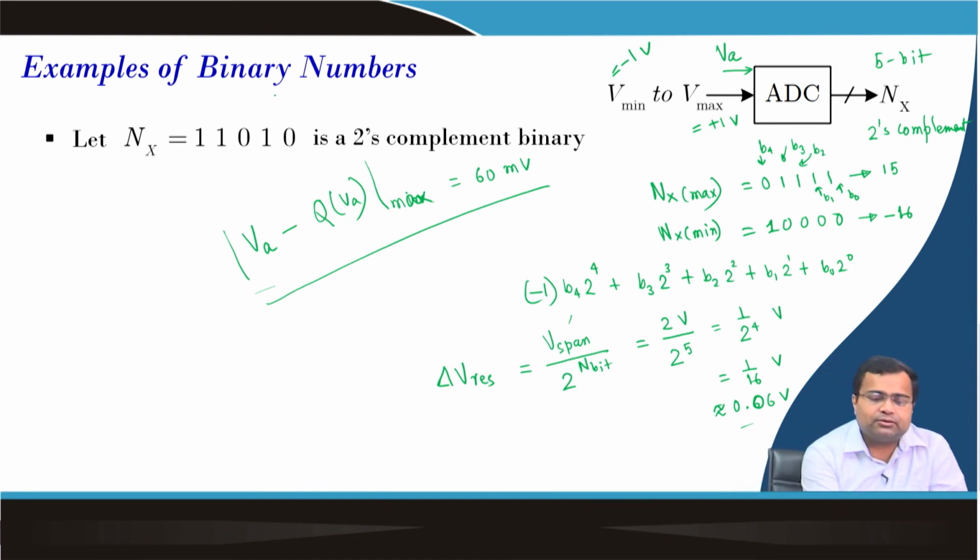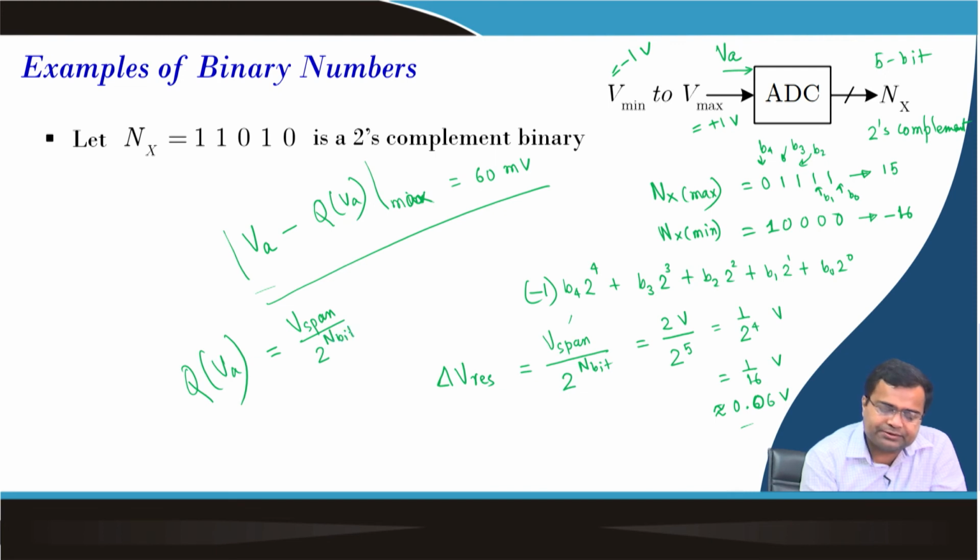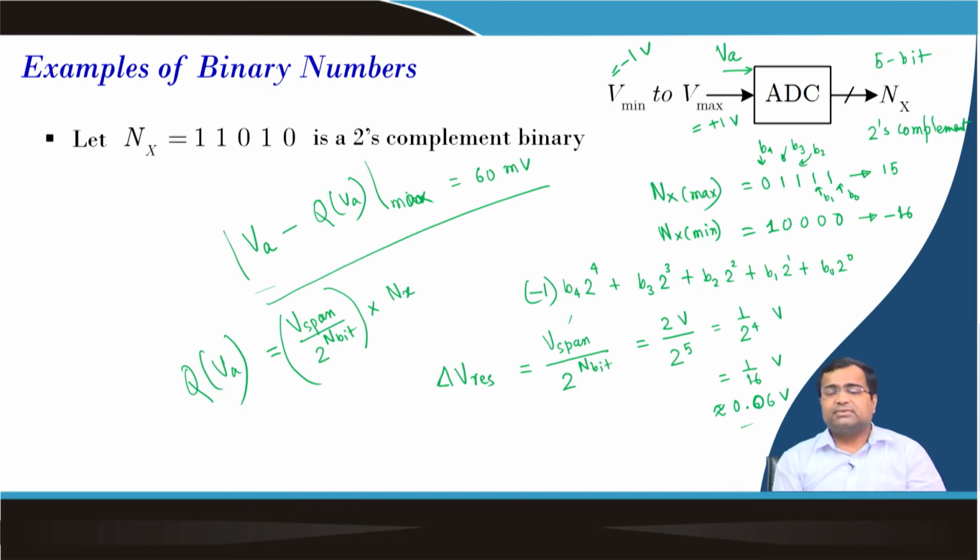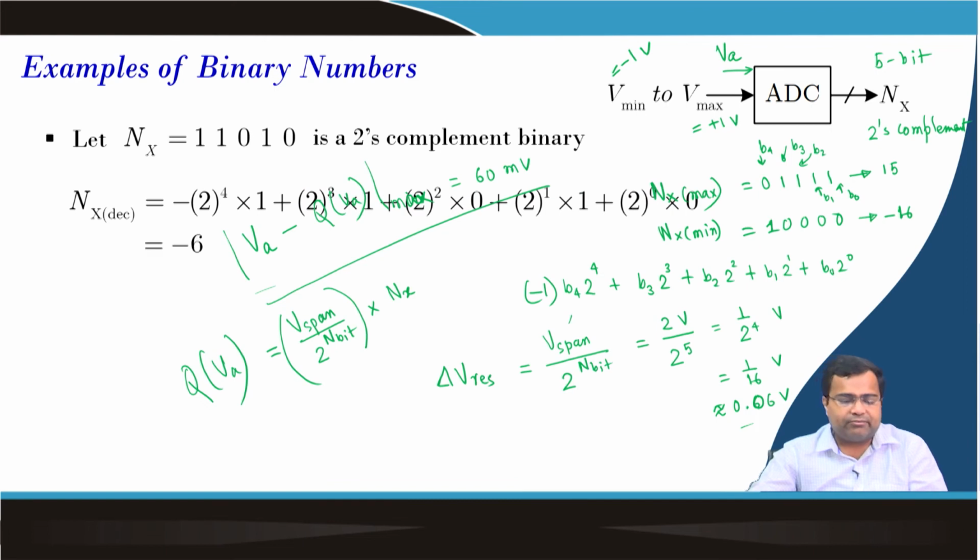But the bottom line, we need to convert this binary number in 2's complement into a real world number. How can we link this? That means, how can we realize this real world number? In this case it will be V span by 2 to the power n bits, this factor multiplied by Nx, and Nx can be minus to plus, and that is what we have represented.